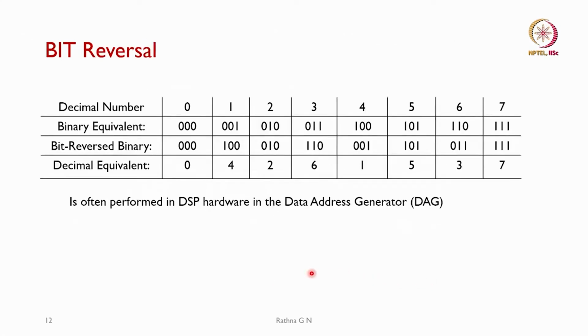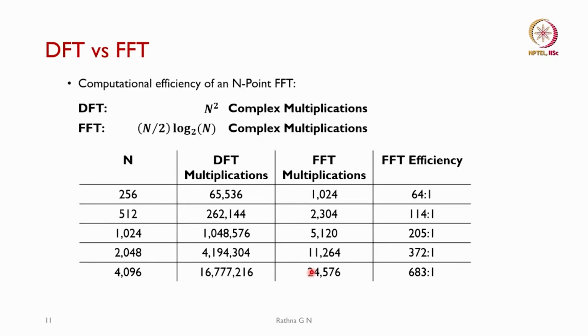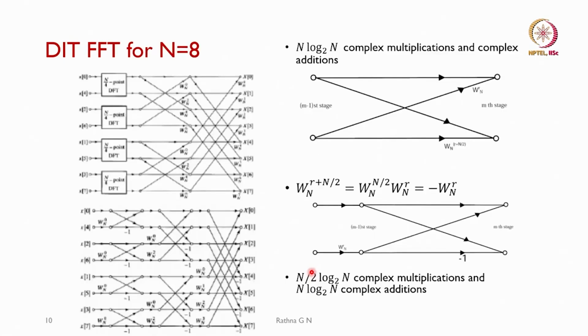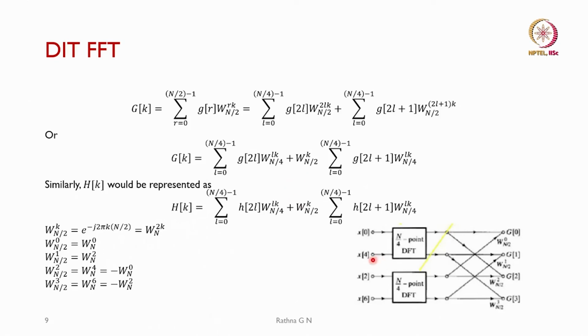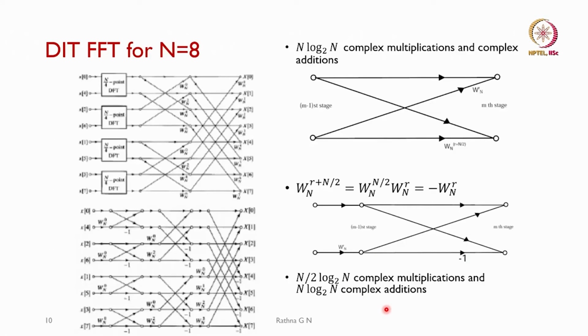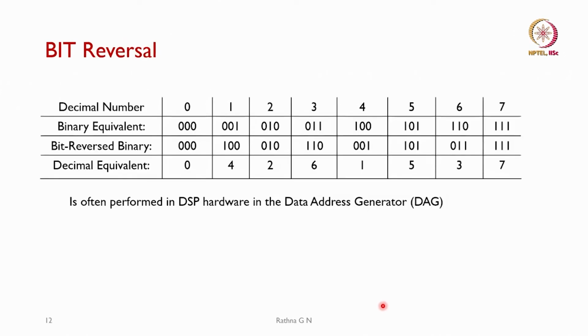Now, one of the things we have seen is when we are doing this bifurcation, what has happened. Here it is going to show us clearly. So, what I have first is x of 0, next one I want is x of 4, next I want x of 2 and then x of 6. So, we have done the bit reversal in this case.